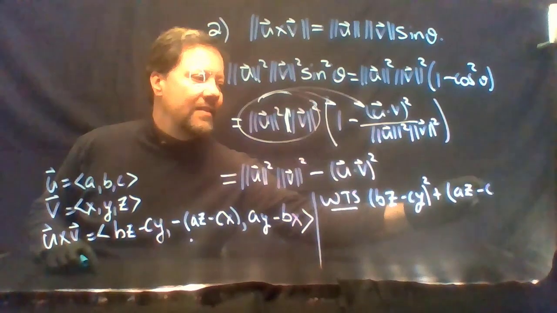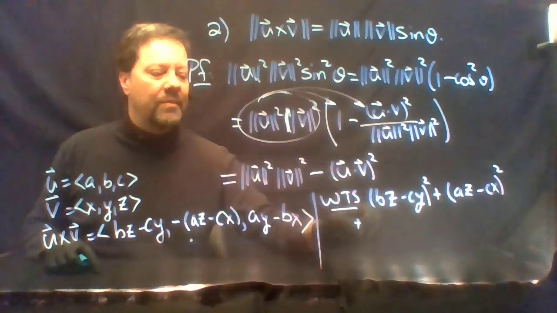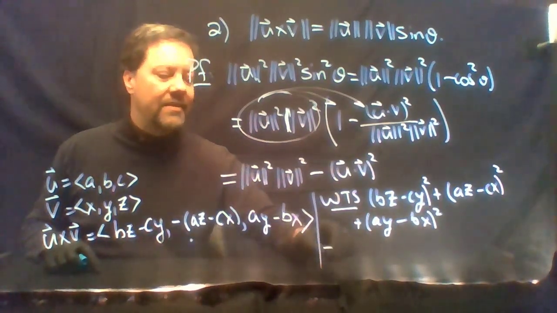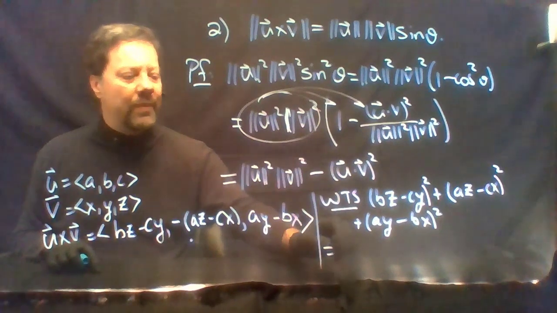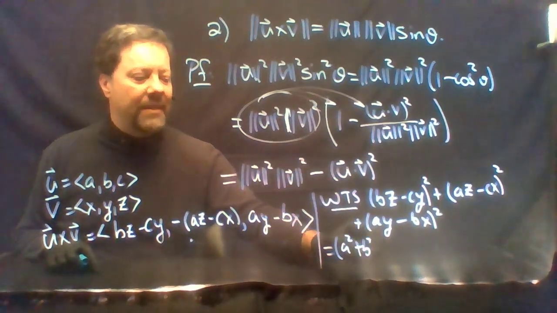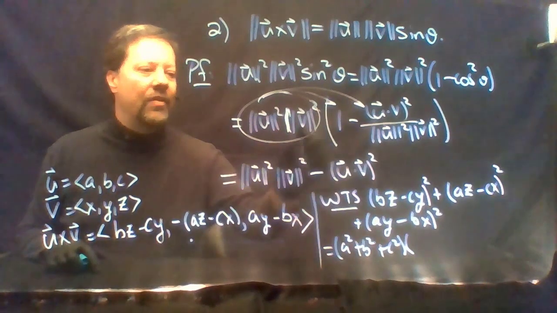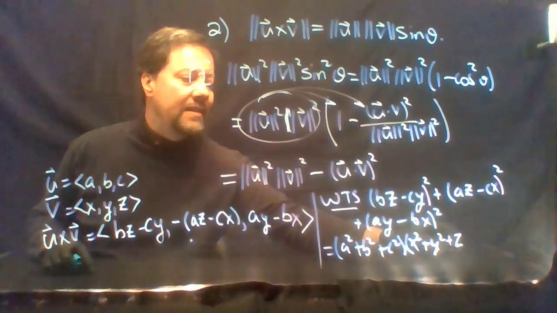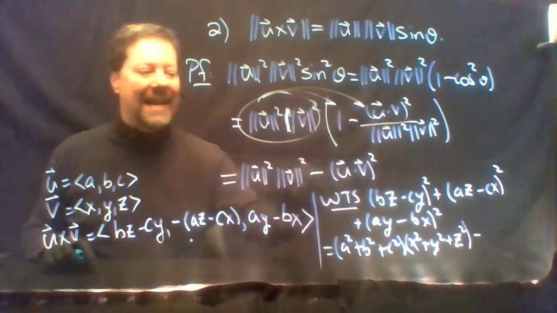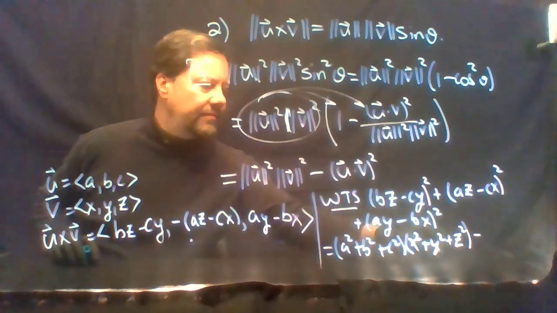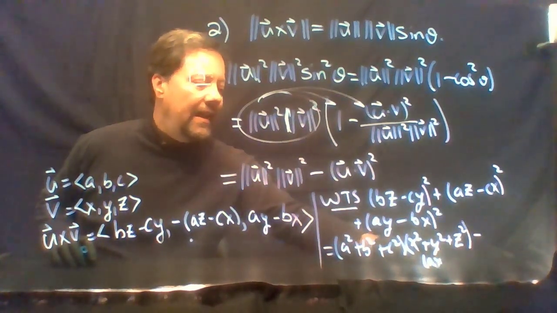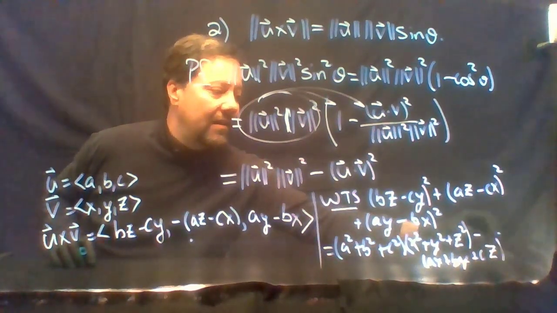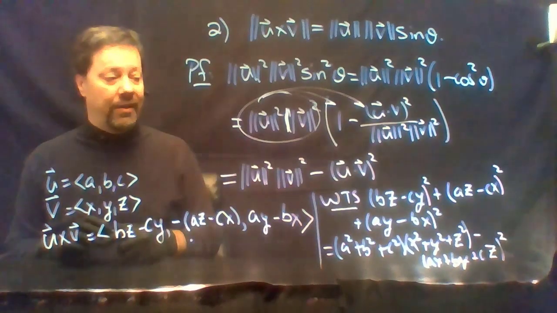AZ minus CX squared plus AY minus BX squared is equal to, the norm of u squared is a squared plus b squared plus c squared. The norm of v squared is x squared plus y squared plus z squared minus the dot product squared, which is ax plus by plus cz quantity squared.